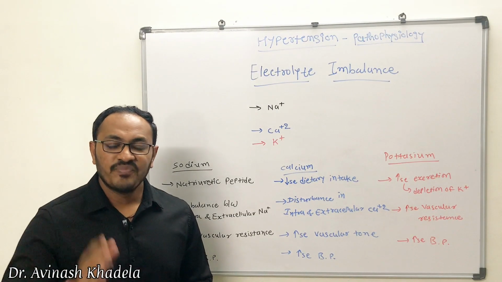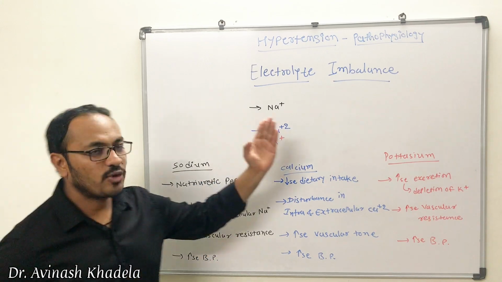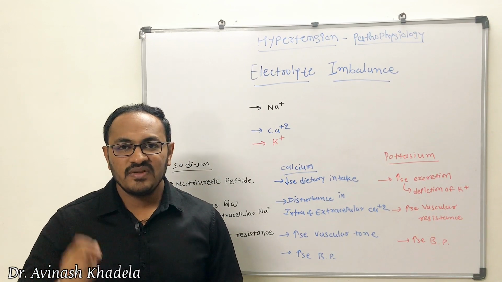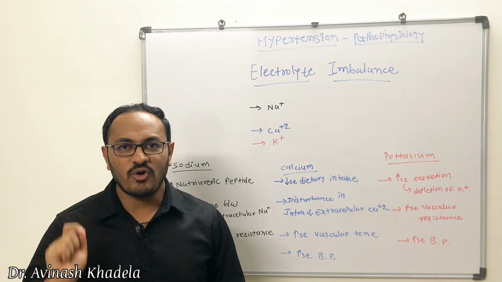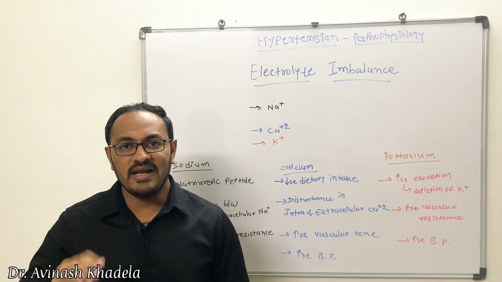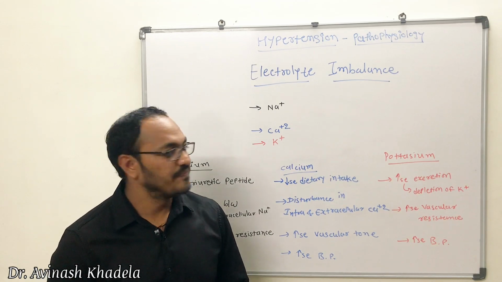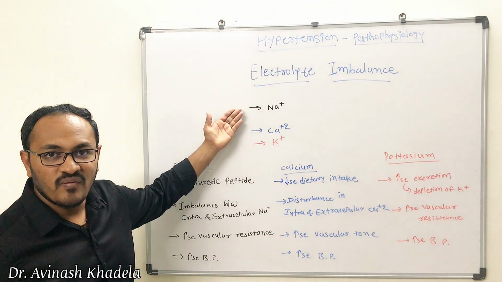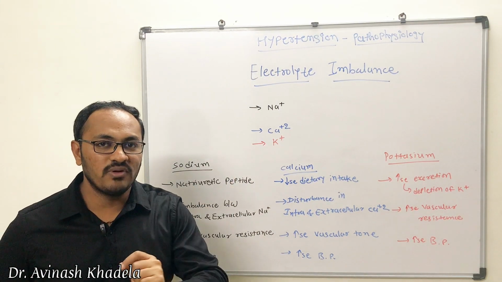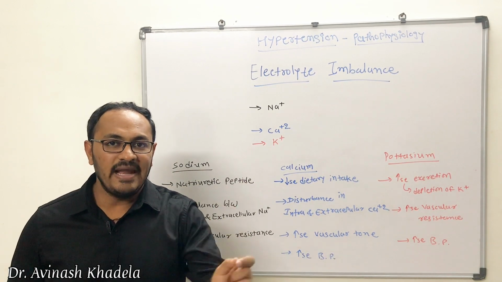Let's discuss the last component in the pathophysiology of hypertension, that is electrolyte imbalance. In order to understand hypertension, this is the least important concept, that is how electrolyte disturbance leads to a rise in blood pressure. So we need to understand which are the important electrolytes in the human body that play a vital role in maintaining the integrity of vascular smooth muscle tone and blood pressure.